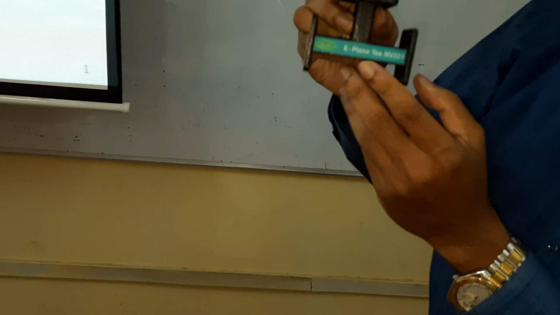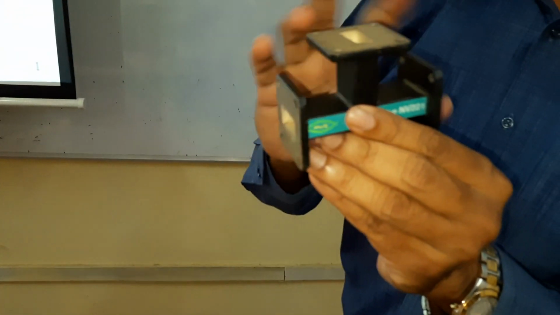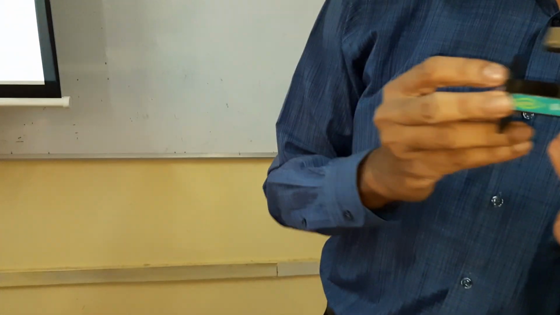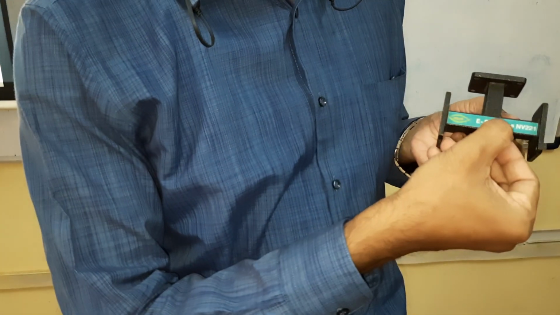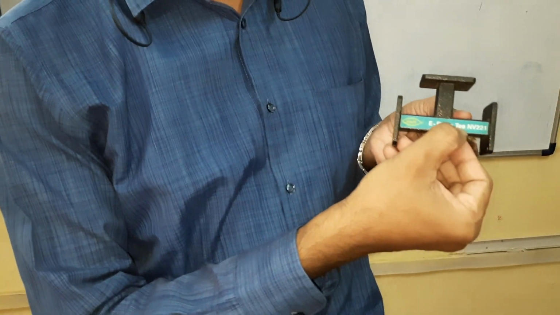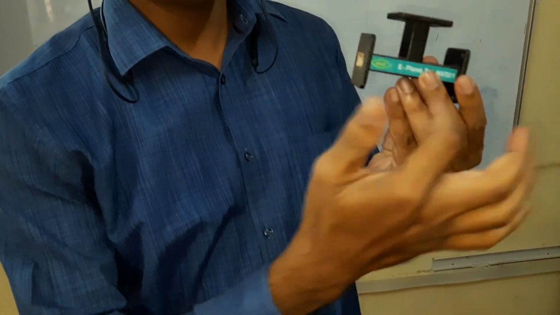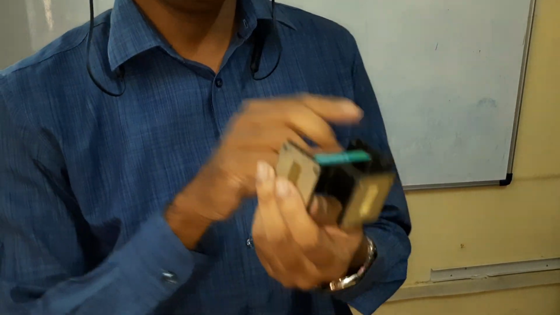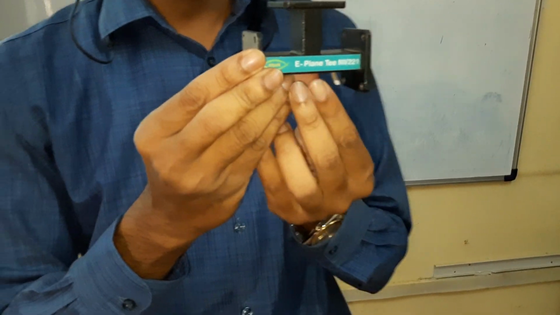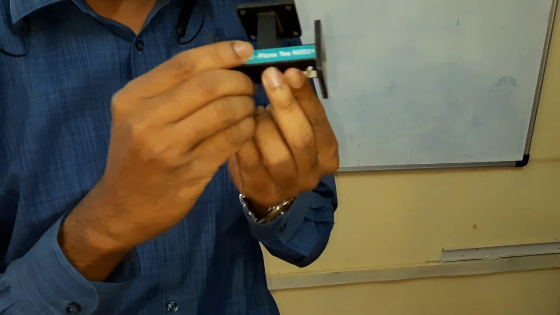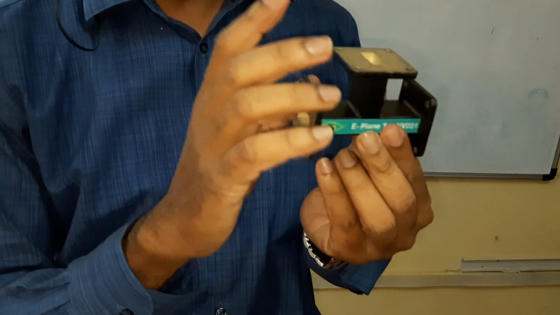This is called the E plane T. You can see this is a 3-port network. Why the name is E plane T? Why the name is T? T stands for the English letter T. You can see this looks like the English letter T, like this one. So since the shape is like a T, its name is E plane T.